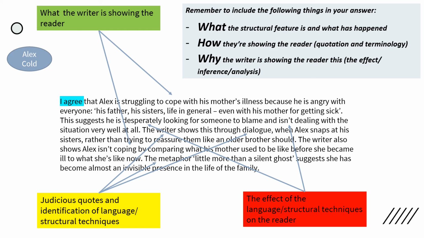Okay, so we've got those things. The quotations are judicious and they're short. They're embedded within the sentence, and there's clear identification of language and structural techniques. I can see dialogue, structural. I can see metaphor, the comparison, the angry vocab, and I can see what the effect of the language and structural techniques is on the reader.